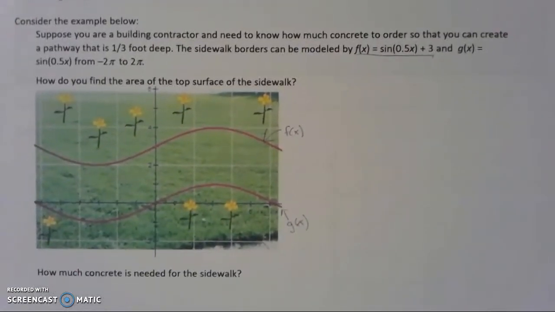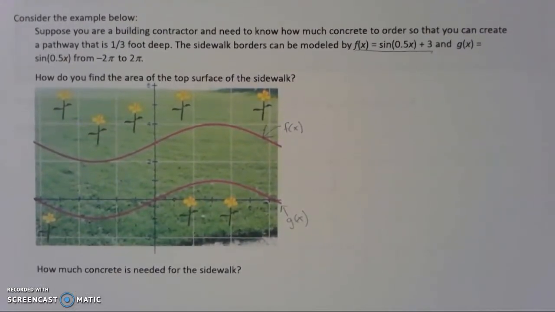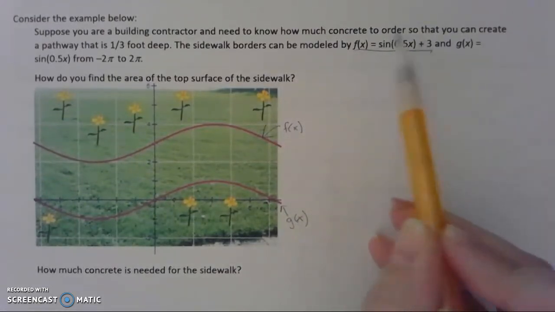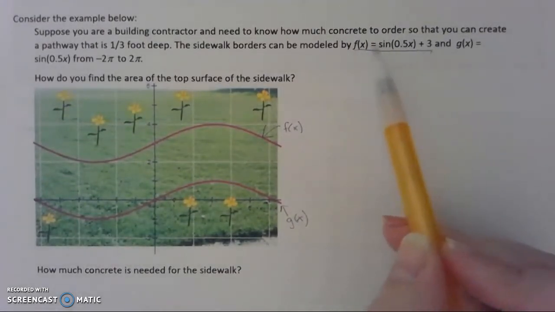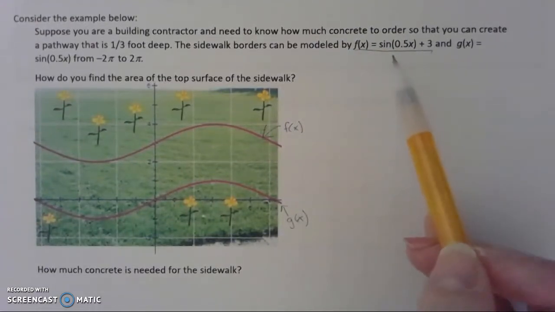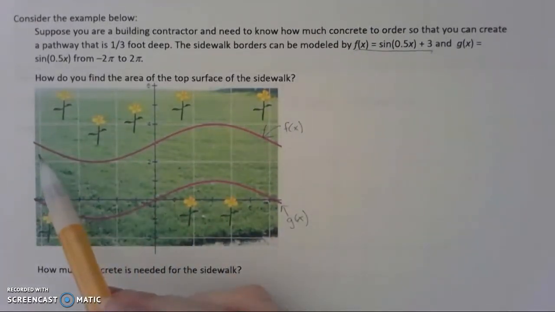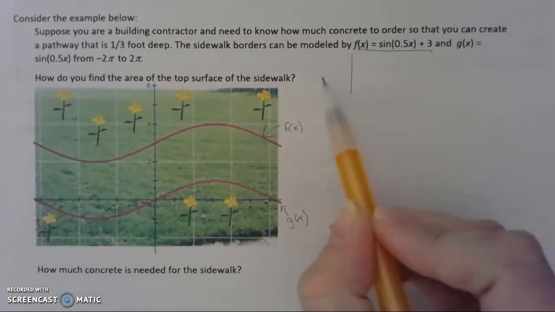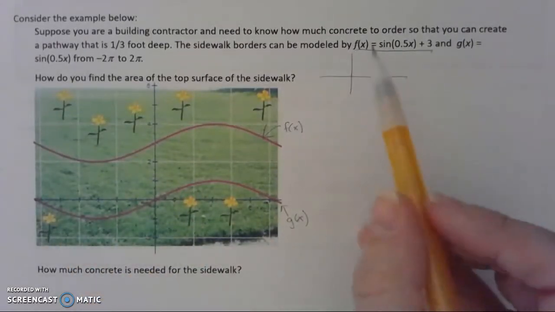When we're looking at this problem, we need to find two different things. If we find the area from this function to the x-axis, which is what we have been doing, the area under one curve, I'll draw a little picture so you can see it a little easier.